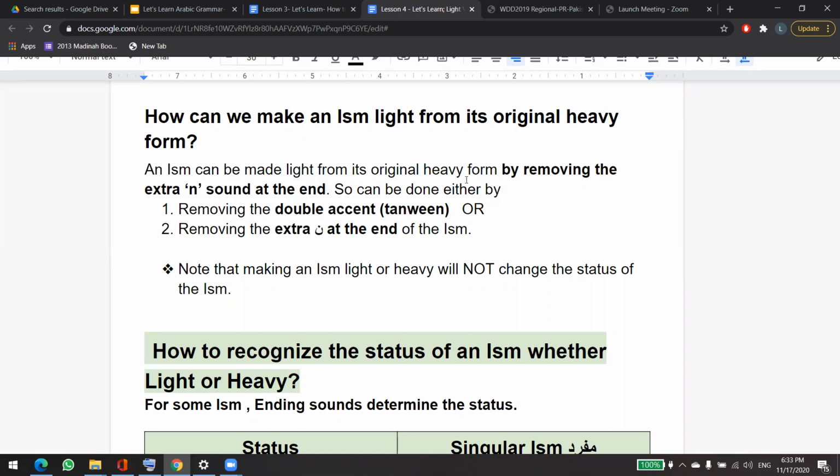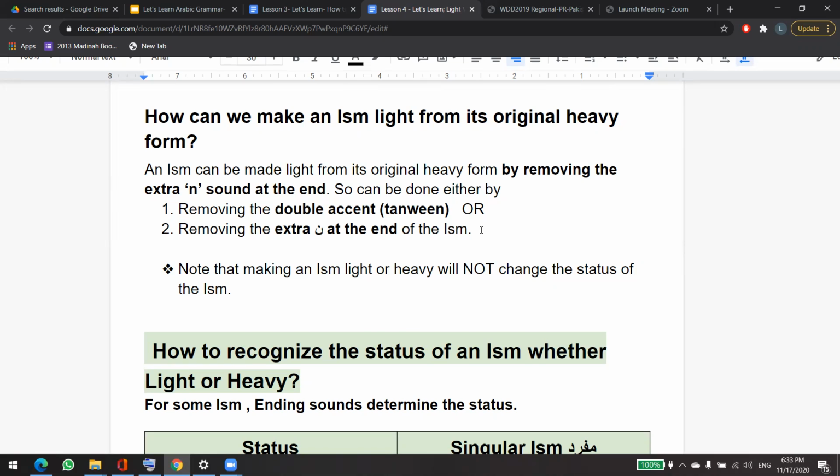In the second part, we are going to learn how we can make an ism light from its original heavy form. An ism can be made light by removing the extra sound at the end. It can be done either by removing the double accent, tanween, or removing the extra noon at the end of the ism.